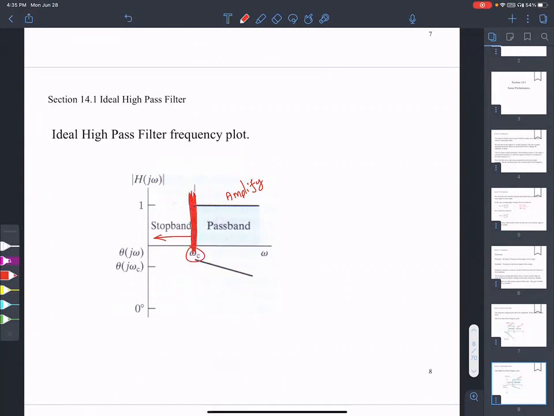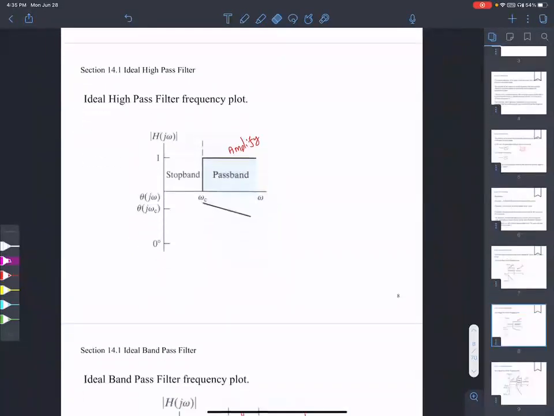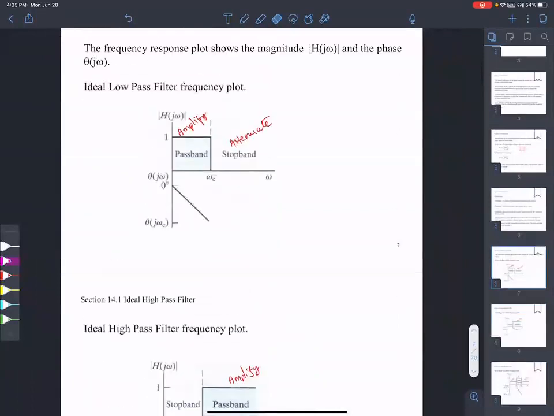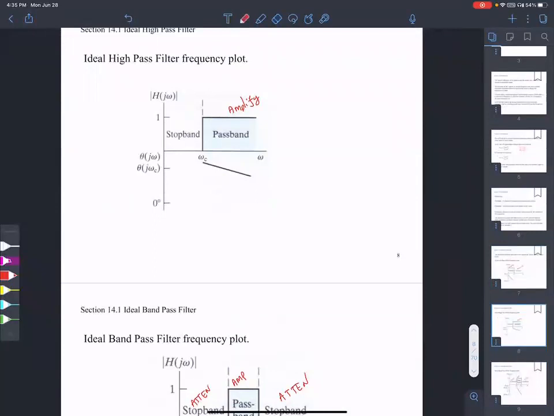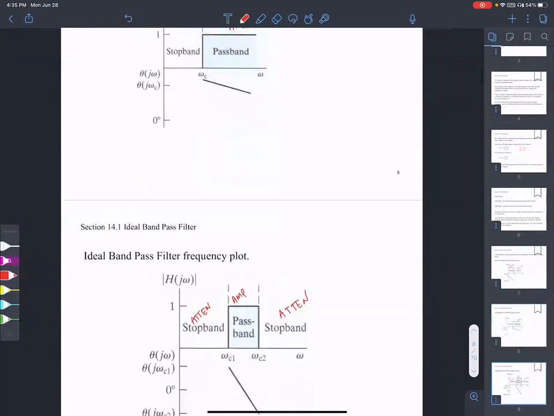This ωC is where the cutoff is. Anything below that cutoff is stopped. Anything above that cutoff is passed. So that's a high pass filter. It has a phase response based on the poles and zeros located there.